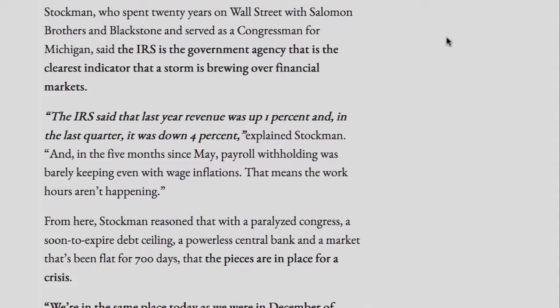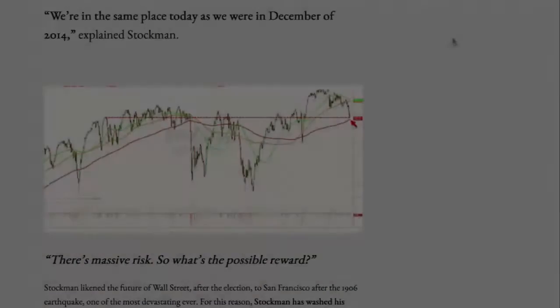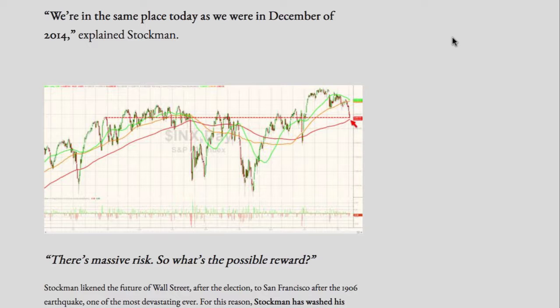From here, Stockman reasoned that with a paralyzed Congress, a soon-to-expire debt ceiling, a powerless central bank, and a market that's been flat for 700 days, the pieces are in place for a crisis. We're in the same place today as we were in December of 2014, explained Stockman.